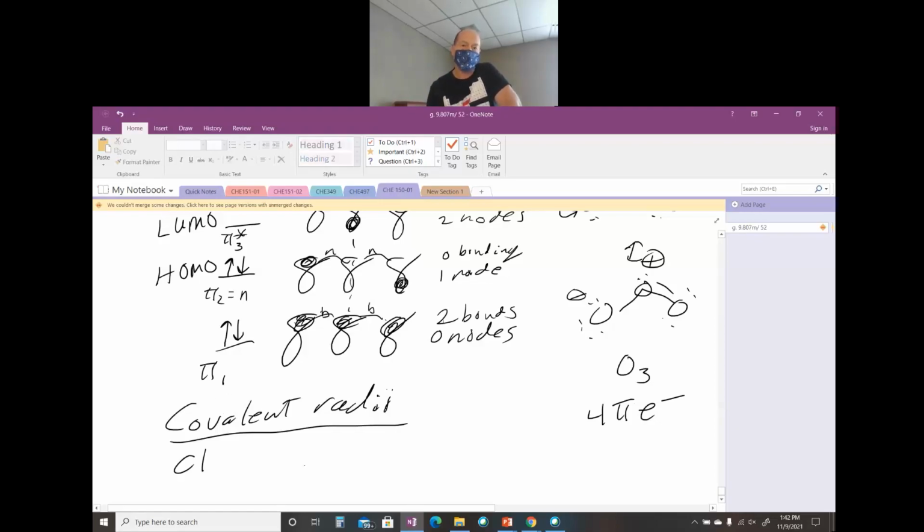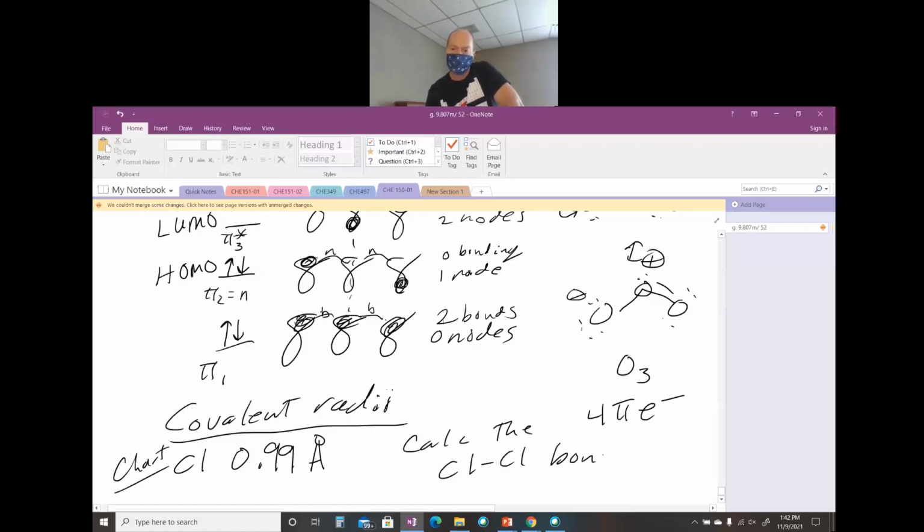So it'll say that the covalent radii of chlorine is 0.99 angstroms. So this comes from a chart, and you're going to be given the covalent radii chart. And so then the question is going to be, calculate the Cl-Cl bond distance.